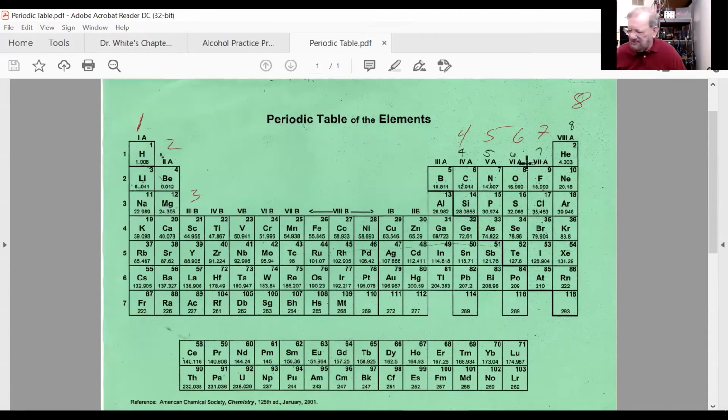Since I learned a couple of years ago that a lot of students didn't know how to read Roman numerals, because they aren't teaching that in school, or at least they weren't taught, I also put the numeric value. And you look at bromine, at the top, VII is 7 in Roman numerals, and I have the number 7. So bromine has 7 valence electrons.